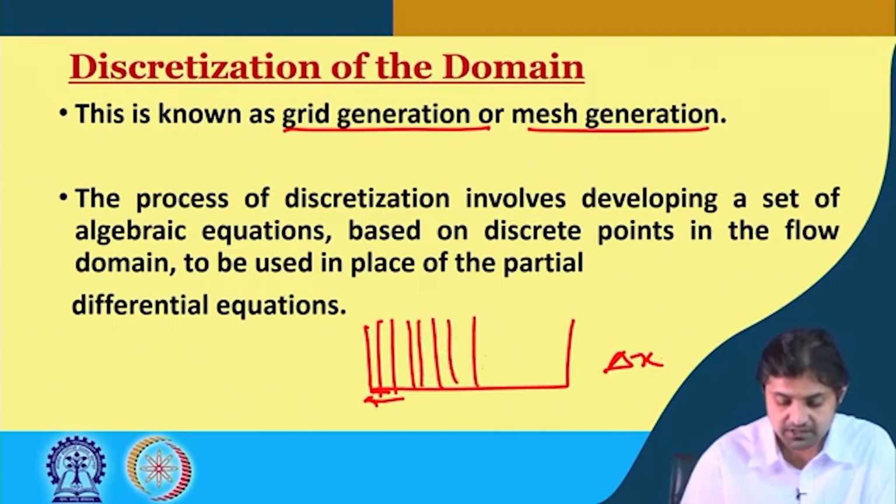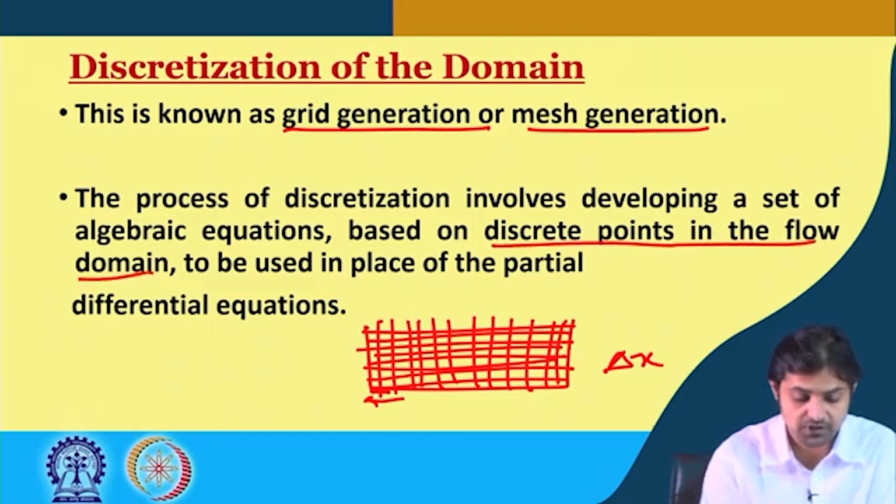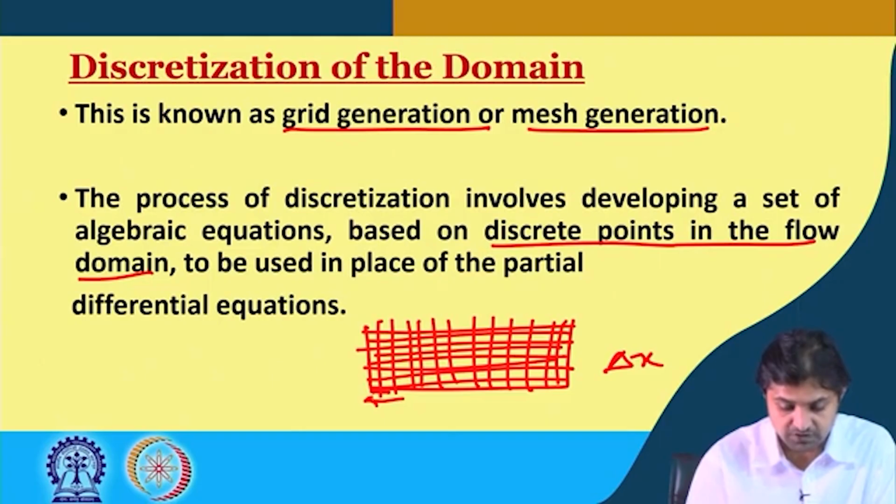So let's say we have divided it into so many different parts in x and y direction. Pardon my drawing, right. So the process of discretization involves developing a set of algebraic equations based on discrete points in the flow domain. So this is what meshing is.